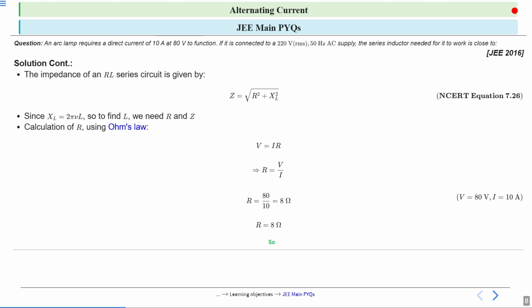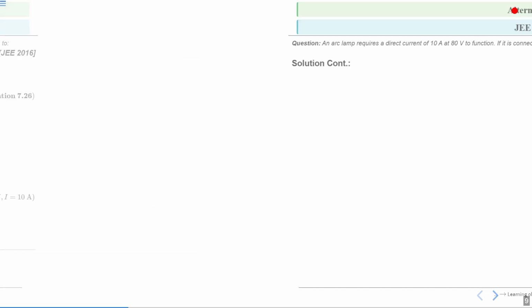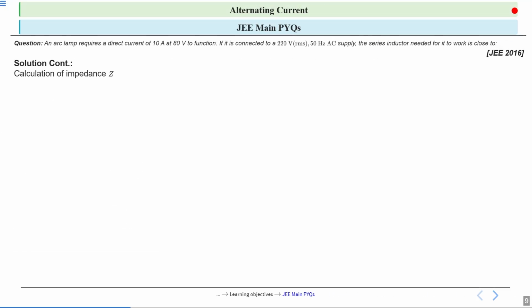So we have found the resistance. Now we will find the Z. How can we find the impedance Z? I_RMS is given by V_RMS upon Z. V_RMS is given in the question, which is 220 volt. We put the condition at the very first place that I_RMS should be equal to the DC current, so that the arc lamp will work similarly as in the case of DC current.